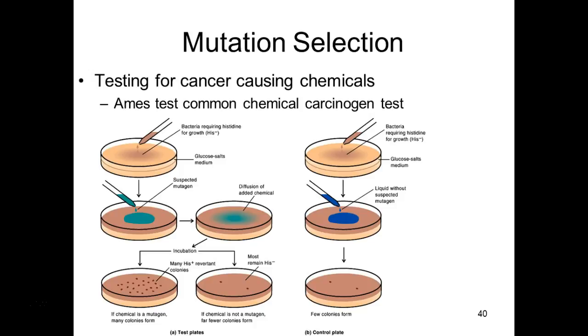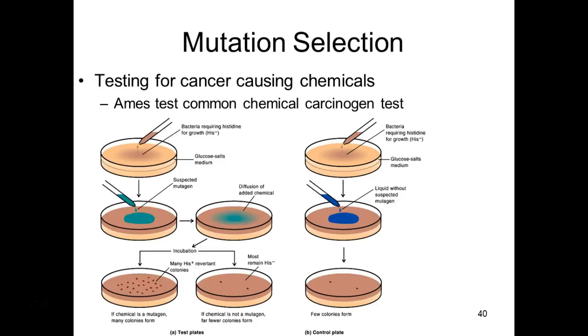A lot of times too, if a chemist develops a new chemical, they're going to test it on bacteria. They're going to do the Ames test. And what the Ames test does, it actually starts with a mutant that when it mutates, it reverts back to the form that can survive without histamine.